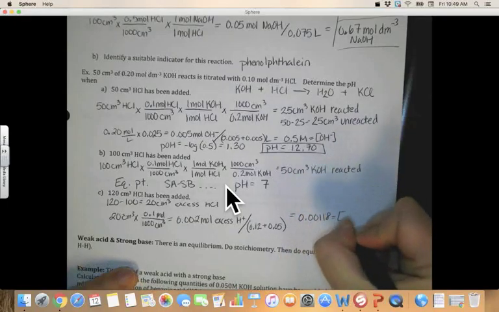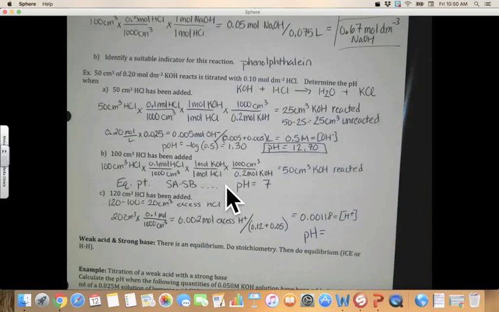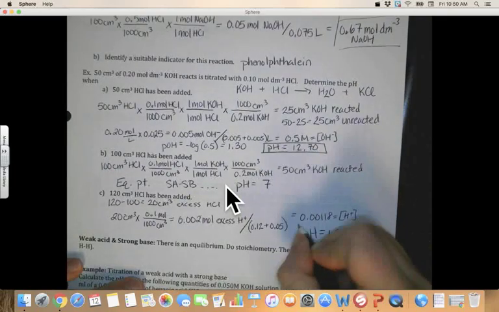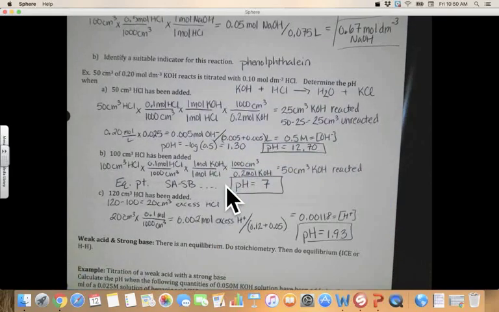So that's my concentration of the hydrogen ion. So if I take the negative log of that, I get the pH. Okay, so that's a strong acid, strong base problem. You should be able to do that very proficiently.